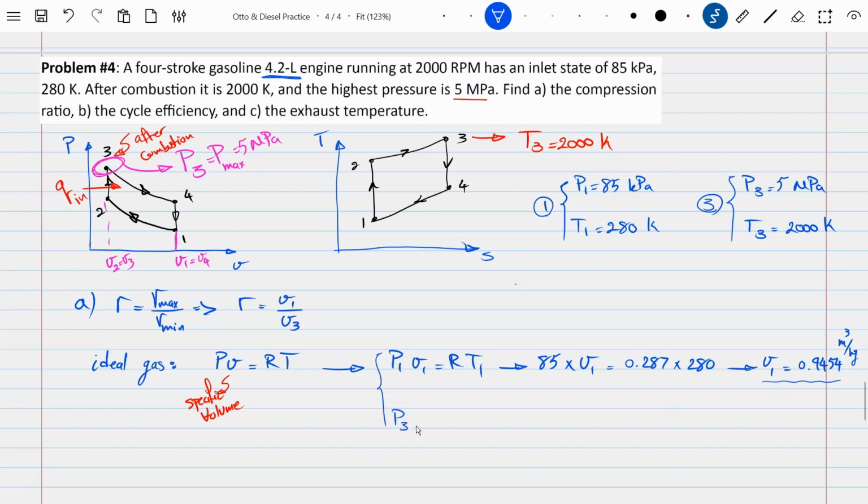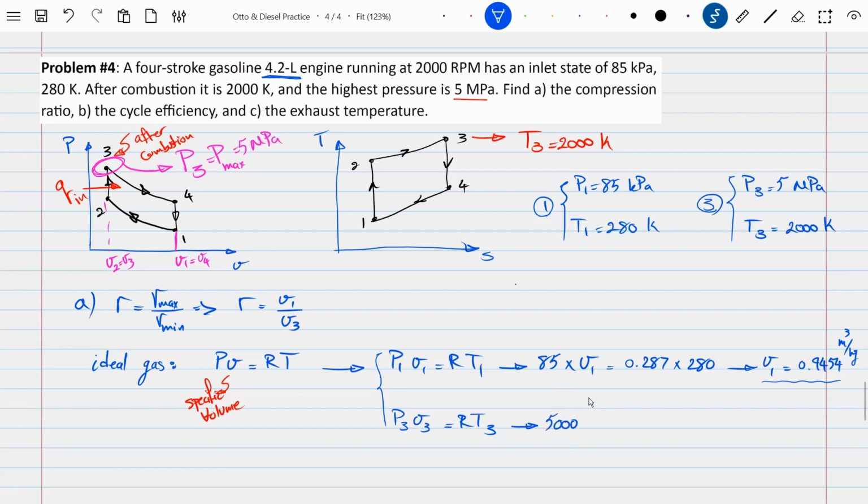Now let's do the same thing for point 3, because I know temperature and pressure at point 3. So P3 V3 is R T3. 5 megapascals. Remember, a few minutes ago, I said that the pressure that you put in the ideal gas equation has to be in kilopascals, while R is in kilojoules per kilogram Kelvin. Now, 5 megapascals is 5,000 kilopascals.